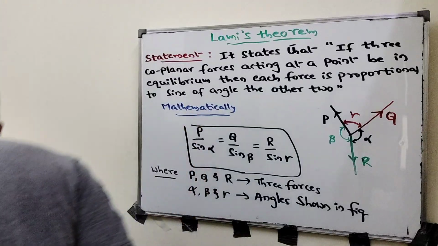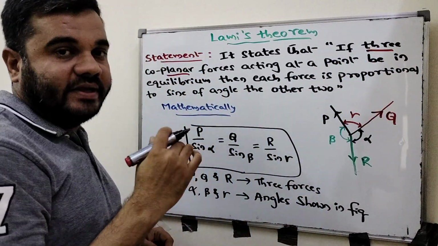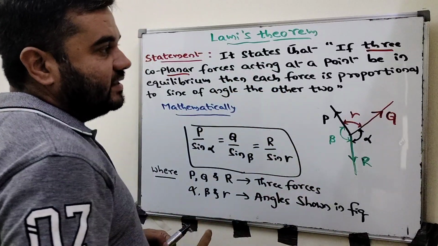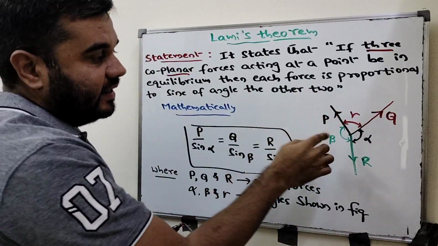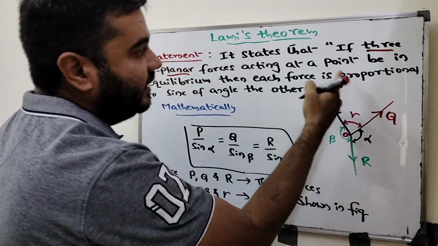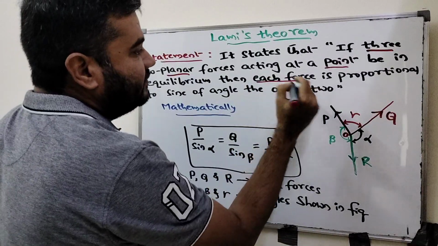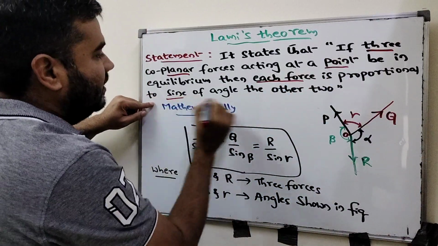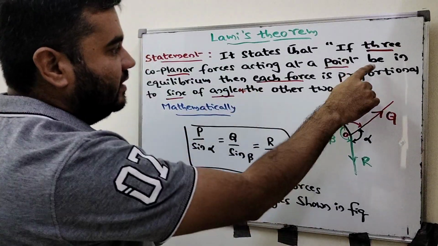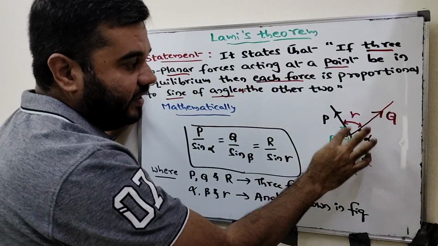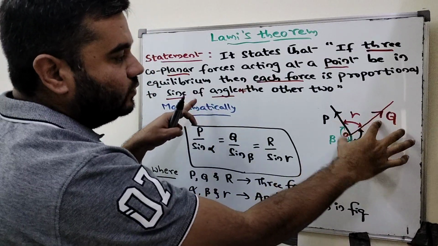It states that if three coplanar forces, meaning in the same plane, act at a point, for example forces P, Q, and R acting at a point O, and they are in equilibrium, then each force is proportional to the sine of the angle between the other two.